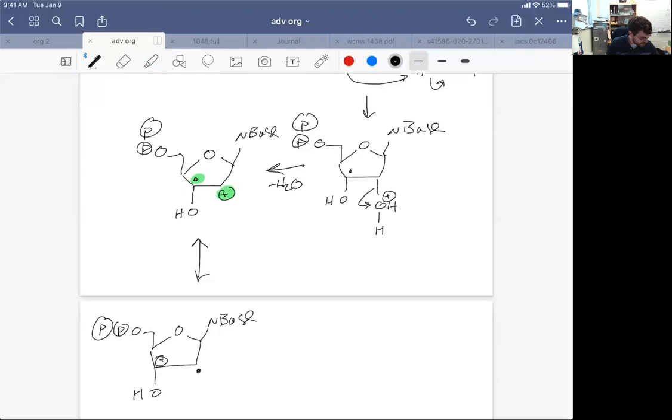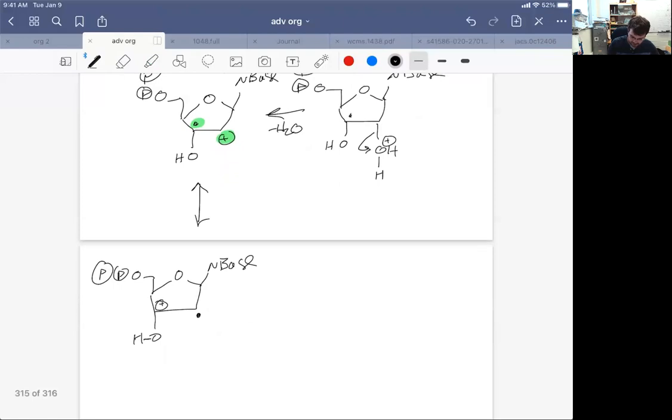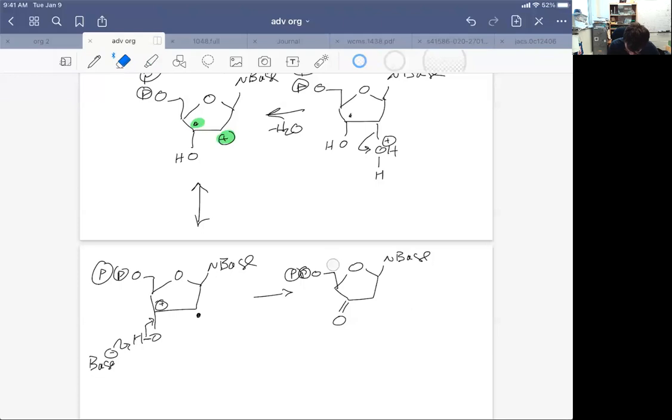And now we're going to see more sp2-like character on this carbon as we absorb electrons from the OH bond, and we could have a base come in if we need to, but it's a pretty acidic hydrogen, because if we lose that, we can take the electrons down to form a carbon-oxygen double bond, and we get a full-blown ketone in our sugar now. We still have a radical on this right position.